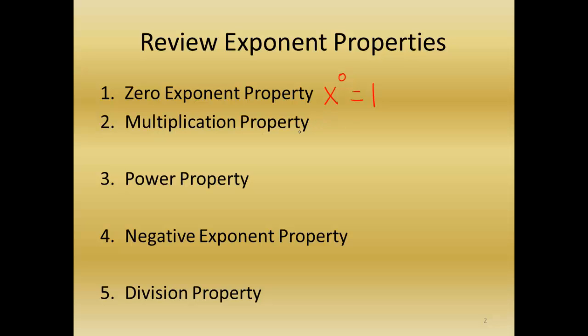The multiplication property states that if you are multiplying two quantities, they have the same base, you will add their exponents. The power property states that if I have an exponent raised to another exponent, you multiply those exponents.